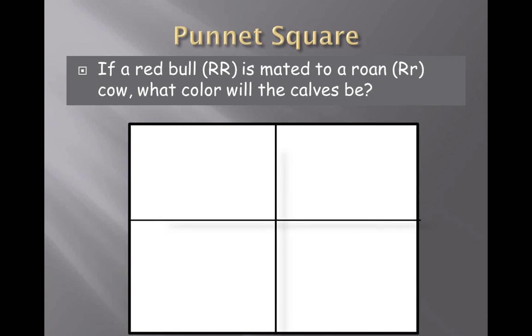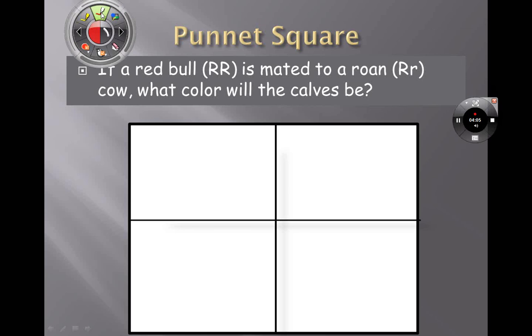If a red bull, capital R, is mated with a roan bull, capital R, lowercase r, what color would the calves be? So let's fill in this Punnett square. Let's go, the two capital R's, I'm going to put them on the top. I'm going to put one capital R on the side and the lowercase r at the bottom. And let's go ahead and put those together. Two capital R's here.